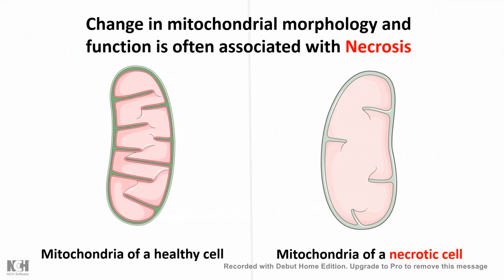Now, one of the biggest changes that takes place in the mitochondria is in the cristae, the inner membrane invaginations. The more cristae, the more functional the mitochondria would be, because there could be more electron transport chain and everything. But here, in case of necrosis, the mitochondria really swells up and its inner membrane surface area is reduced.